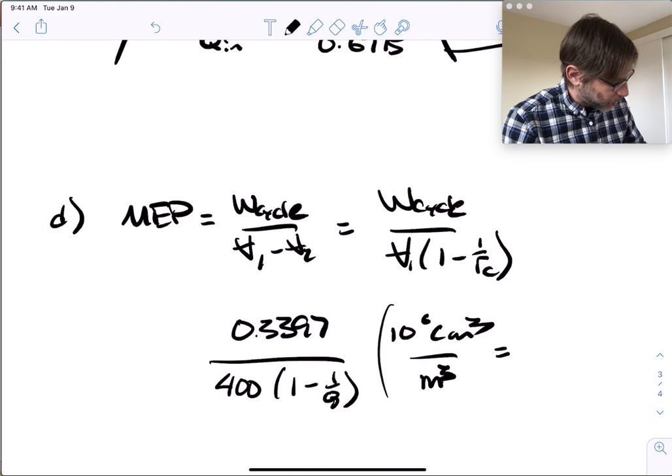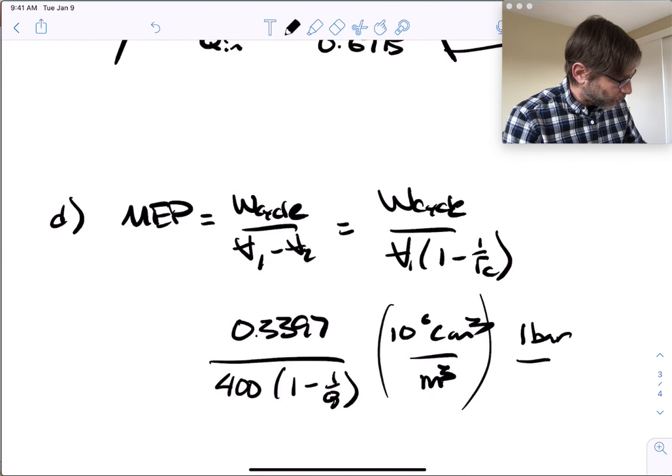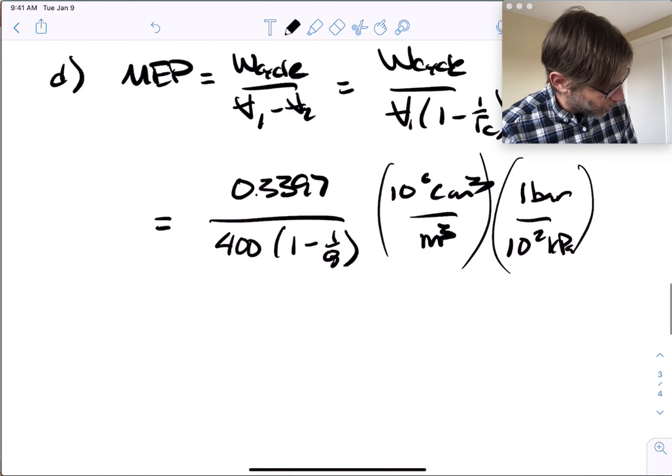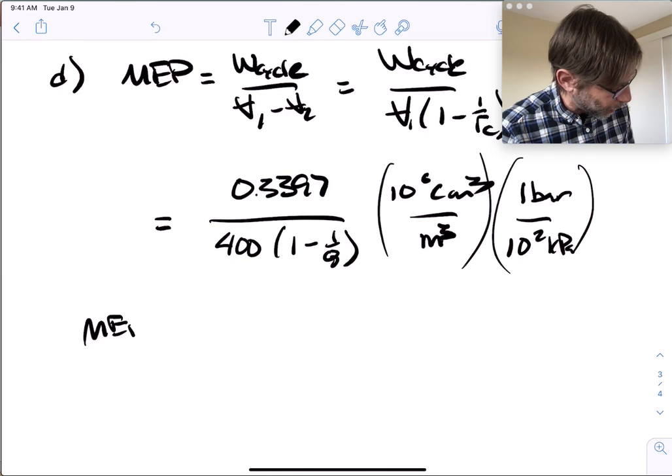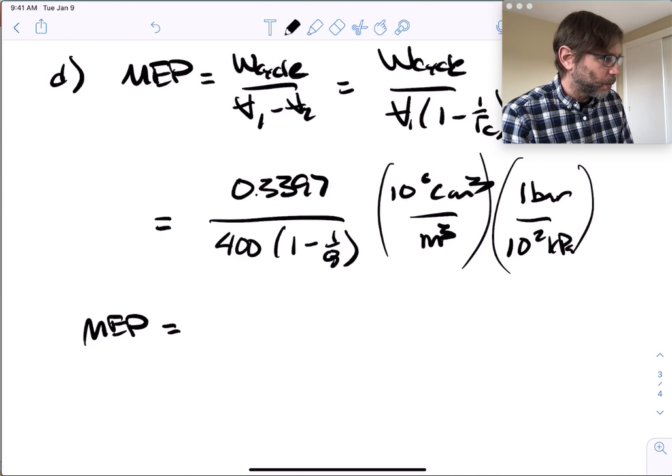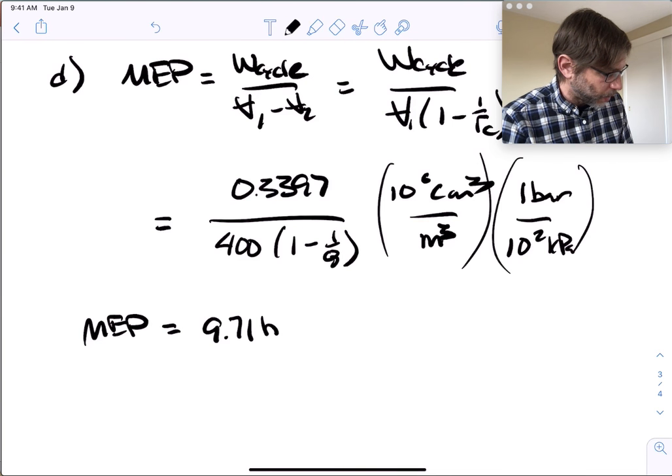And then we need to get bar, because kPa. So it's 1 bar over 10 to the 2 kPa, right? Correction there. So MEP then is equal to, if we just do all the numbers, 9.71 bar.